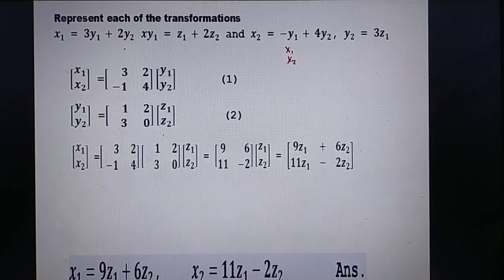So the coefficient, we have to transform it into a square matrix of 2 by 2. So the coefficient of y1 is 3 in column 1.